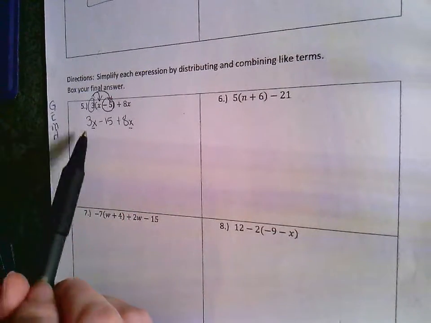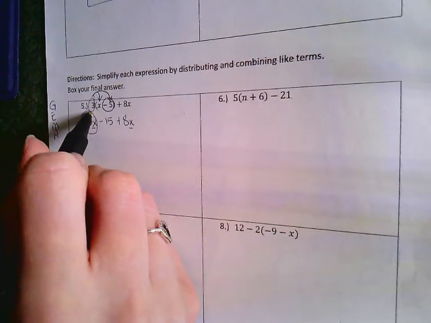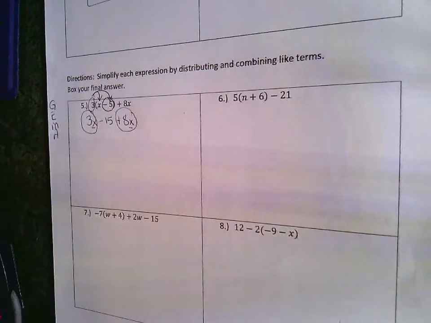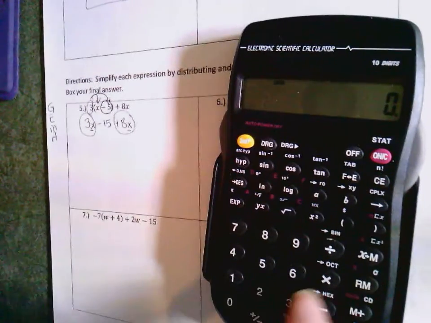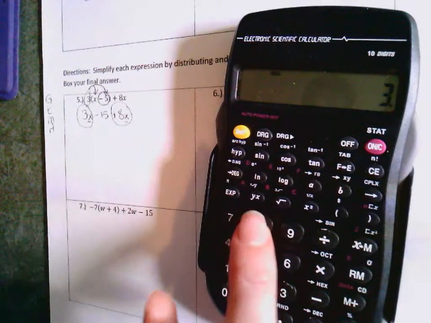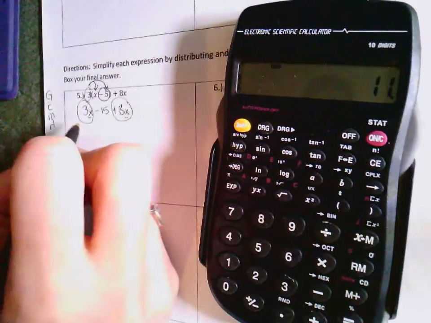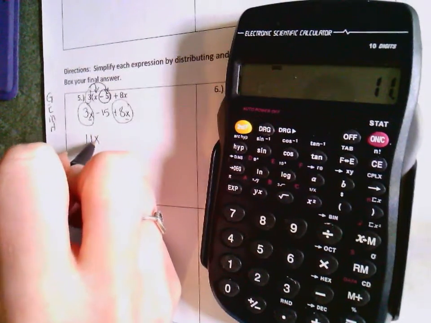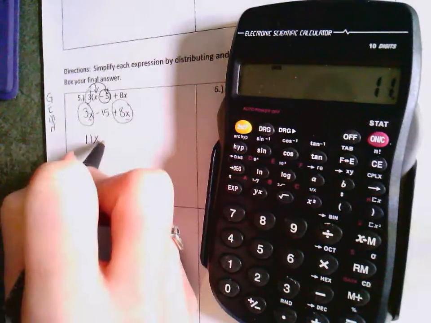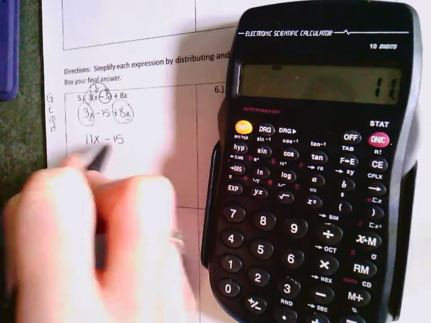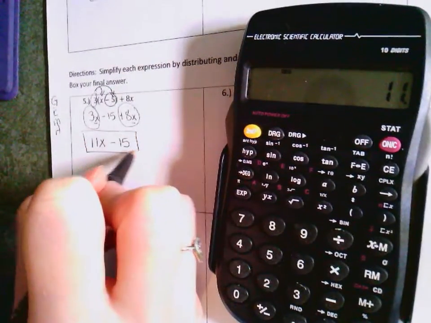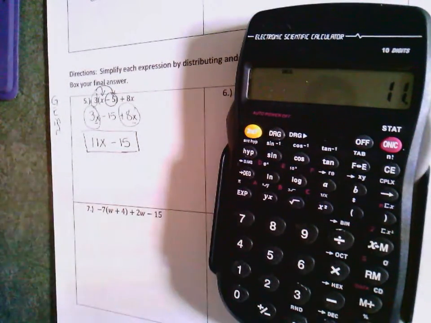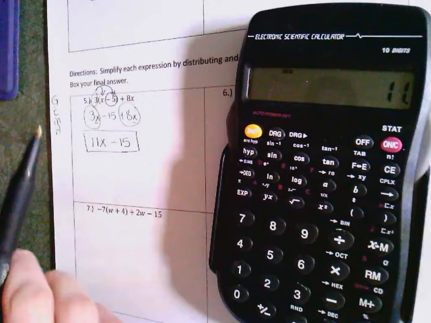I will do my 3x plus 8x. On my calculator, 3 plus 8 is equal to 11. So I have 11 x's. My 15 is alone, so I'm going to have 11x minus 15. That's my final answer. That's as small as I can get it. If we don't know what our variable is, we cannot do anything else.